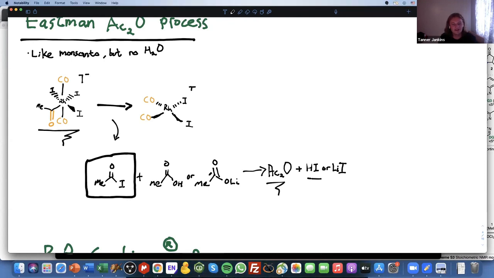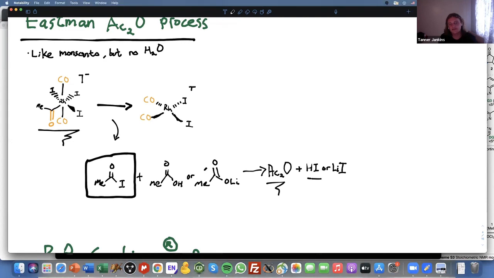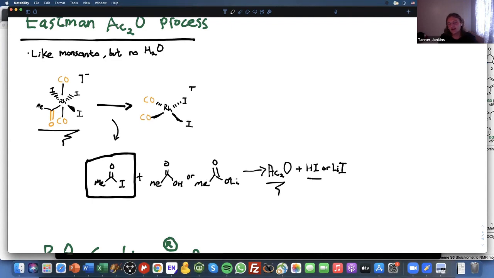And although this catalytic cycle is much more complex in the sense that you now have acetic anhydride floating around as well as acetic acid and lithium acetate, as well as methyl acetate, the main catalytic cycle still remains the same.